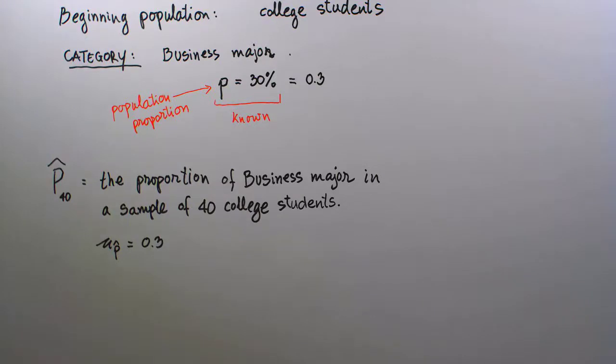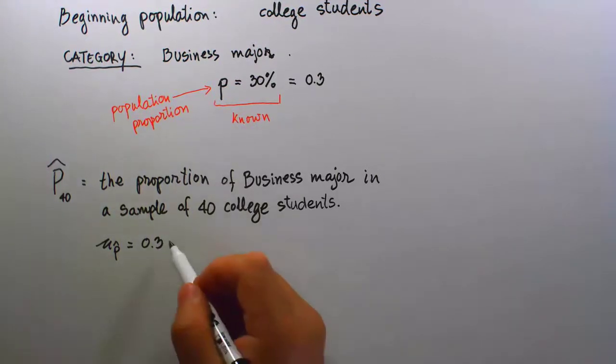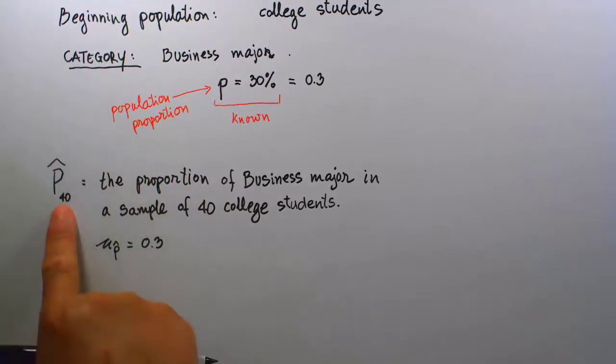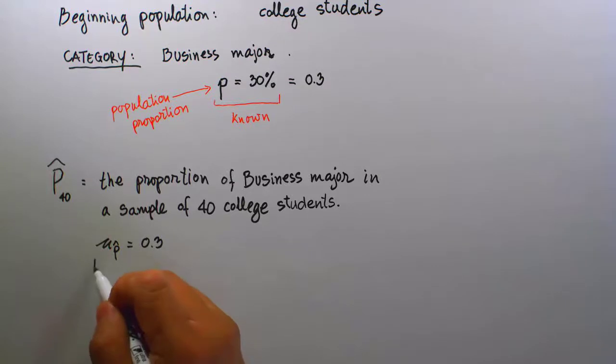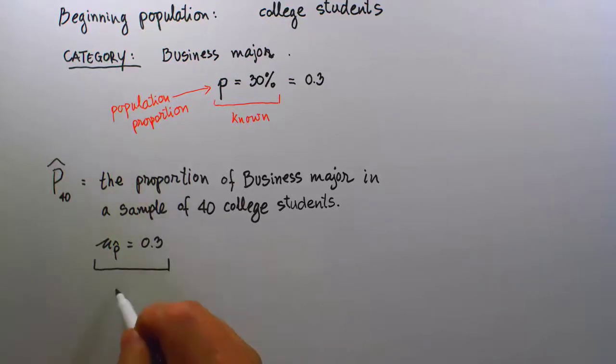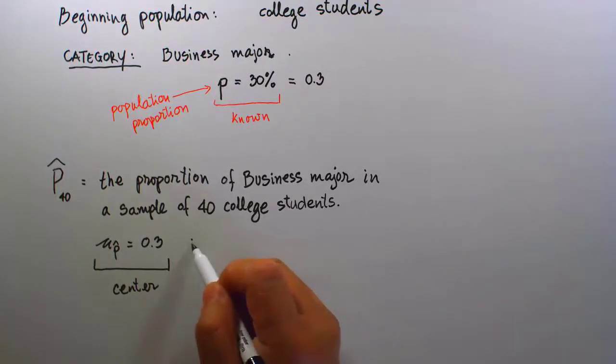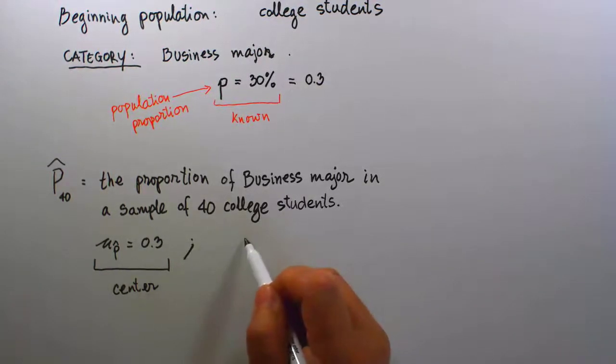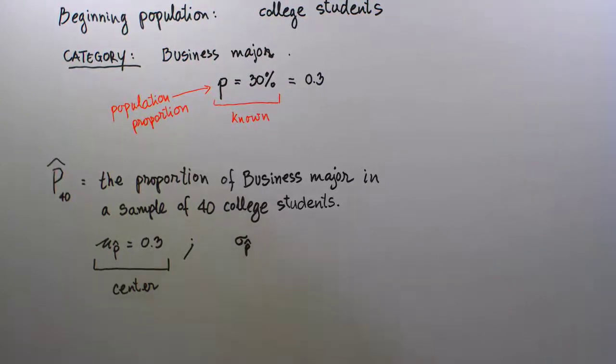And so now that we have found the center of the sampling distribution of the proportion that our sample is one member of, just as usual, we now need to look for the standard deviation of all sample proportions.